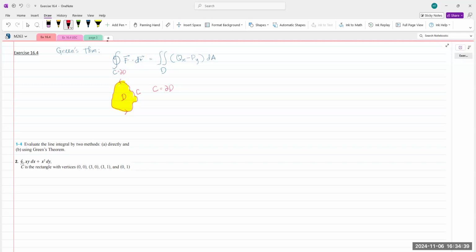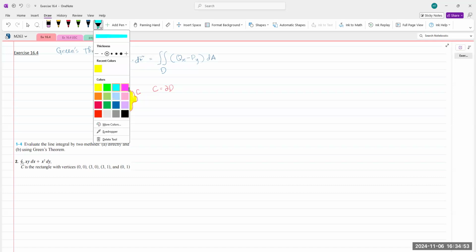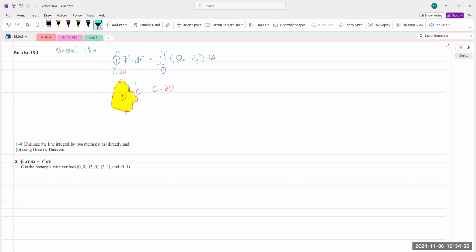This holds for a vector field F with continuous first derivative on an open region containing D. When we say open region containing D, we are talking about a region containing D and also including the boundary, a bit over the boundary, or more, of course.